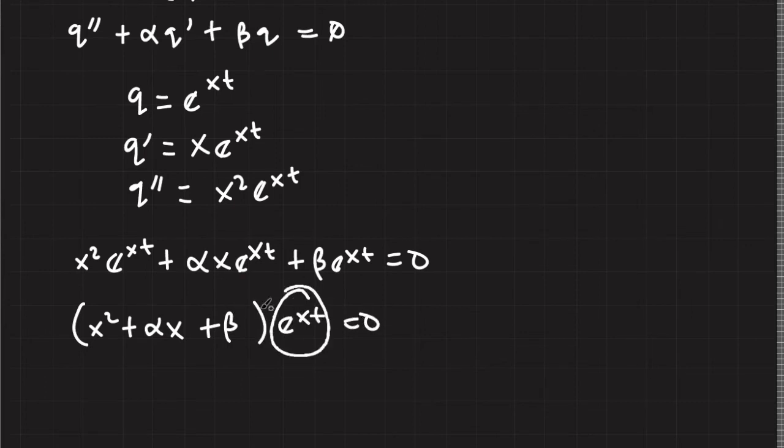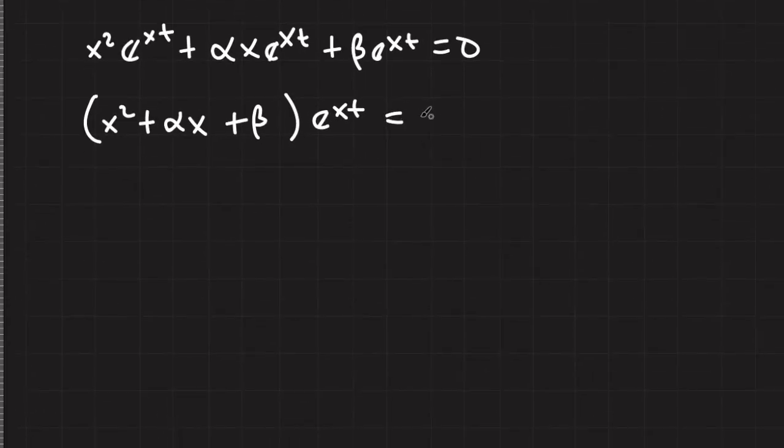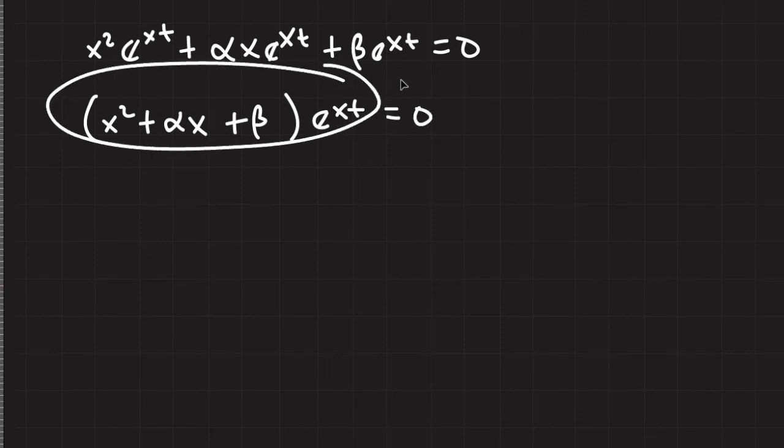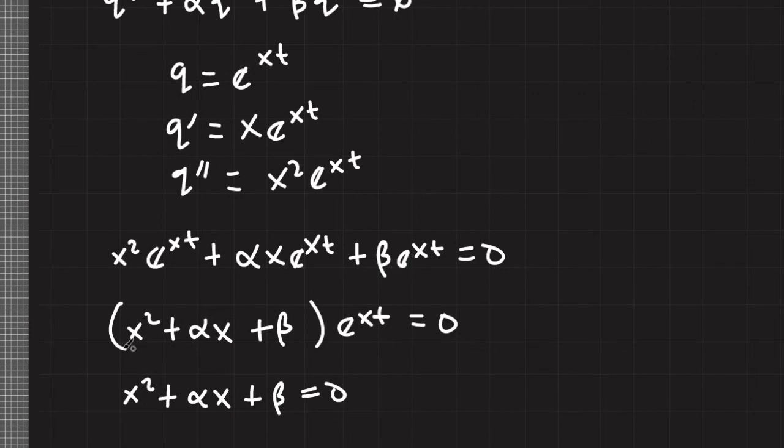Since e raised to xt must not equal 0, otherwise we will not have a non-zero solution from our assumption, the only thing that will make this equation equal to 0 is that this factor is equal to 0. We can now calculate the value of x so that we can plug it back here.